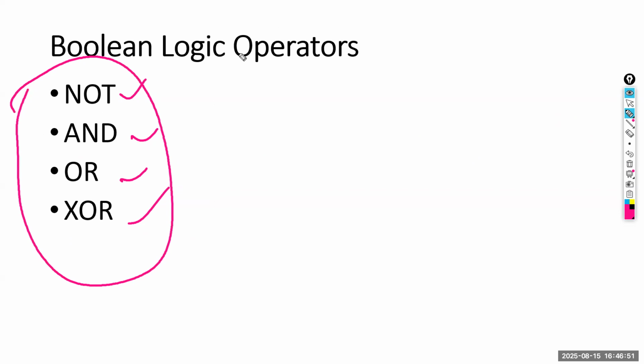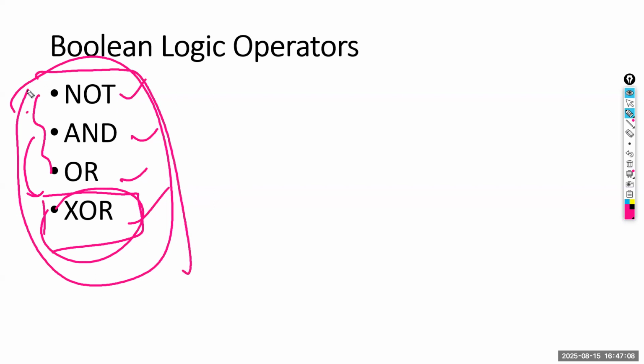There are some compound operators which we can build using these, so those are not basic operators. Even the XOR operator is not a basic operator because we can create XOR using these three. But because XOR is heavily used, we take it as a sort of basic operator. But there's no other logic operator. If you can find another operator, maybe you will get a PhD for that.